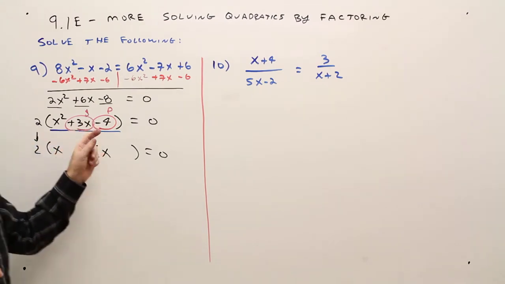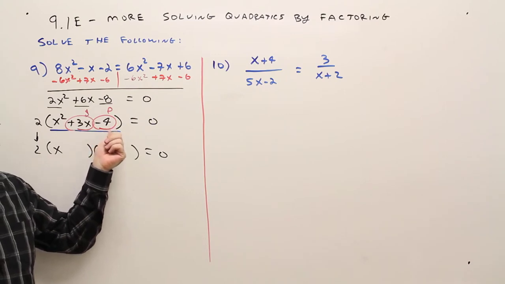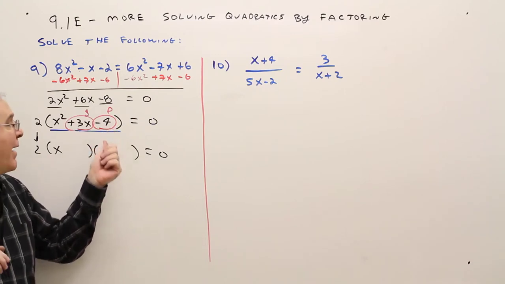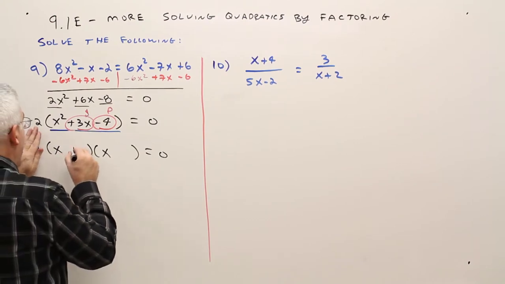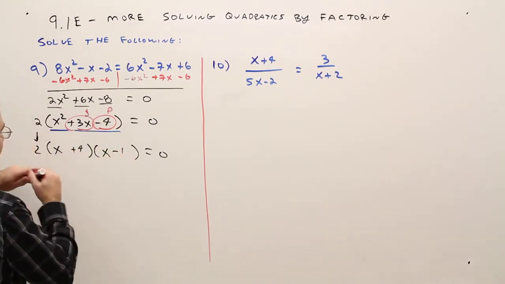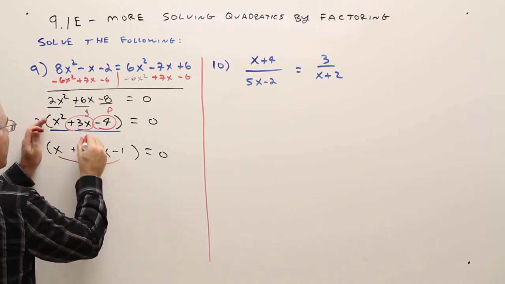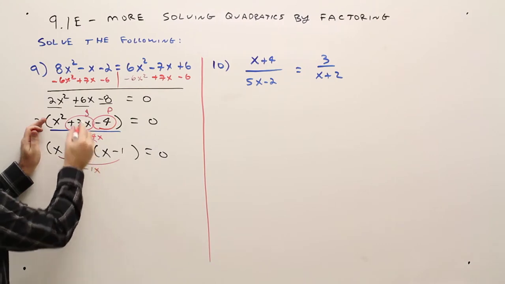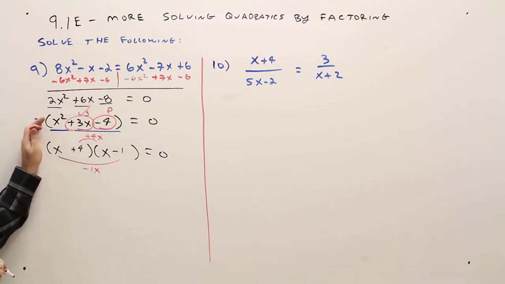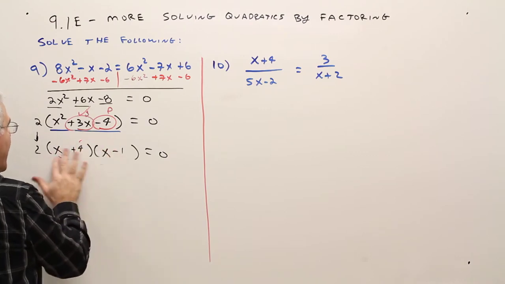So let's try to do this in our head. I'm thinking of a positive 4 and a negative 1. A positive 4 and a negative 1. All right, and again I'm going to do my OI check. Minus 1x plus 4x sums positive 3x. All right, I've done my OI check.